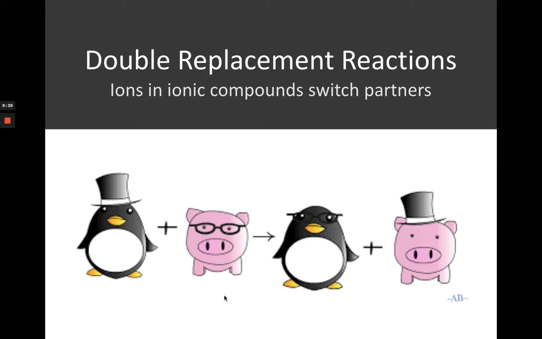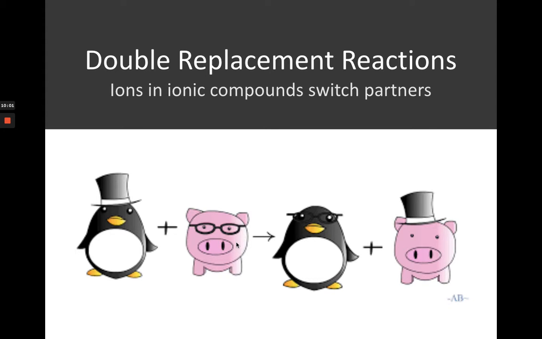But when they get together, it's almost like going to a party. They switch partners. So you can see here, here's one ionic substance, the penguin with the hat. Here's another ionic substance, the pig with the glasses, and once they're put together in the water, they switch partners.